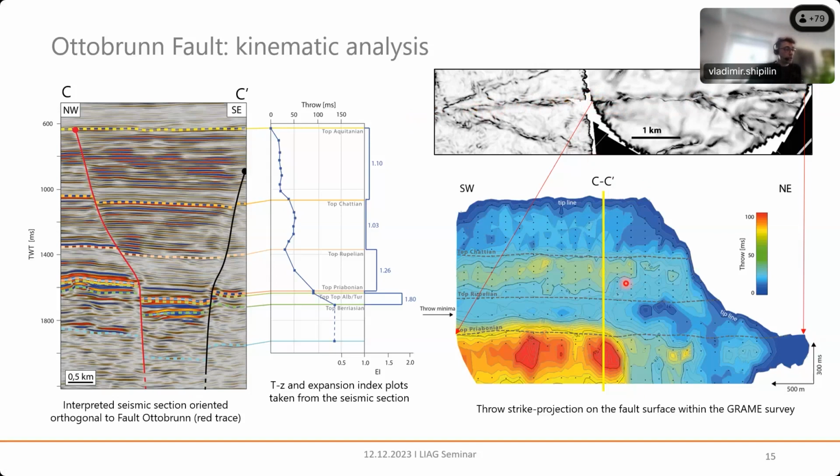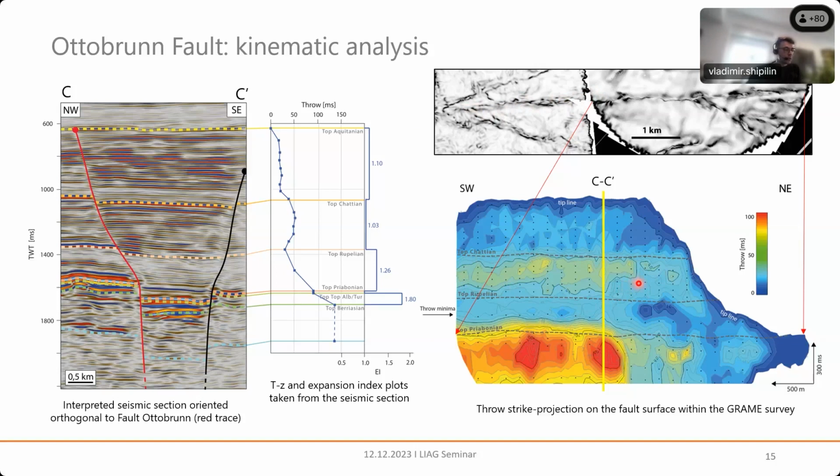Yeah, so what do we see here? We see a quite distinctive pattern. We have throw maxima below top Preabonian, and then we have throw maxima within the Chattian sediments. It is postulated that the areas of maximum displacement are usually representative of the loci of fault nucleation.